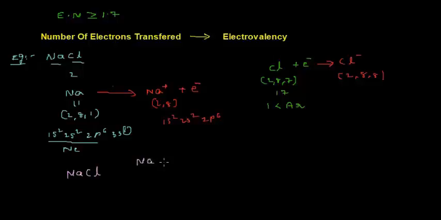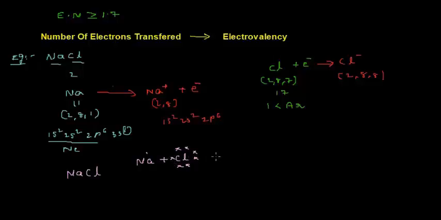First, sodium atom Na, which has one electron. I'll put one dot on it. Plus, chlorine has 7 electrons in its outermost orbit. Therefore, I'll write 7 cross marks indicating the electrons of outer orbit in chlorine.